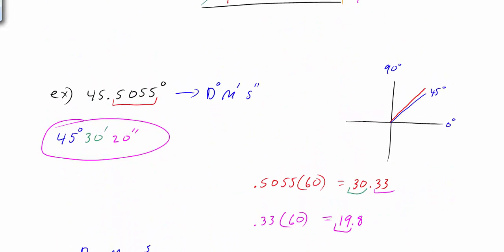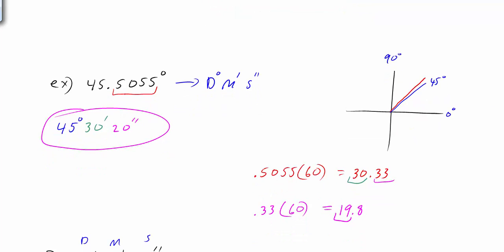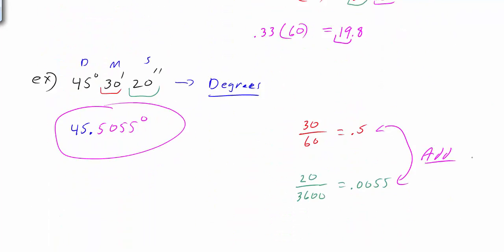So we went from first, we changed from degrees into degrees minute second, and then here we can look at how we can change degrees minute seconds back into degrees.